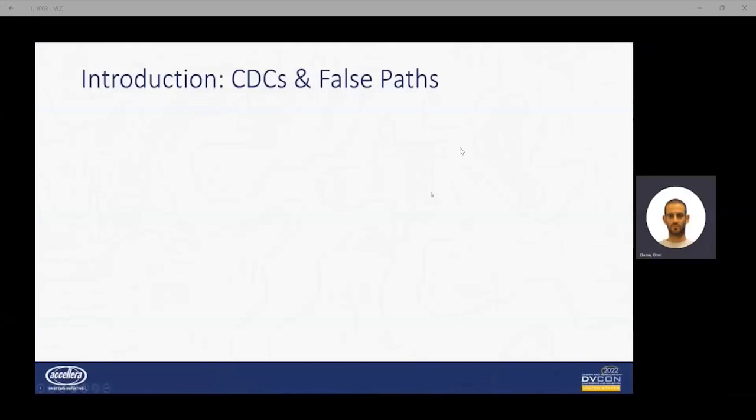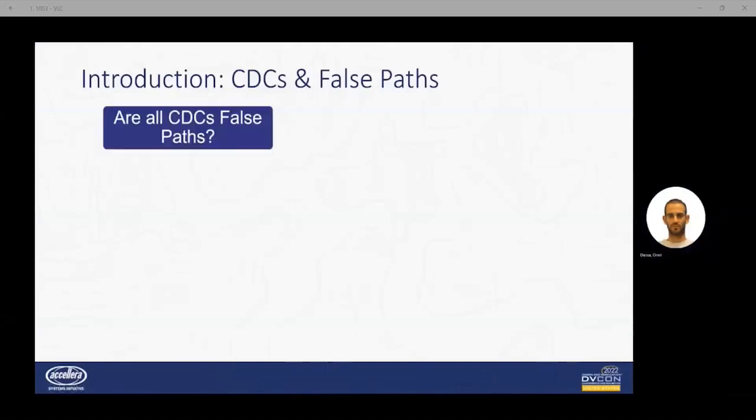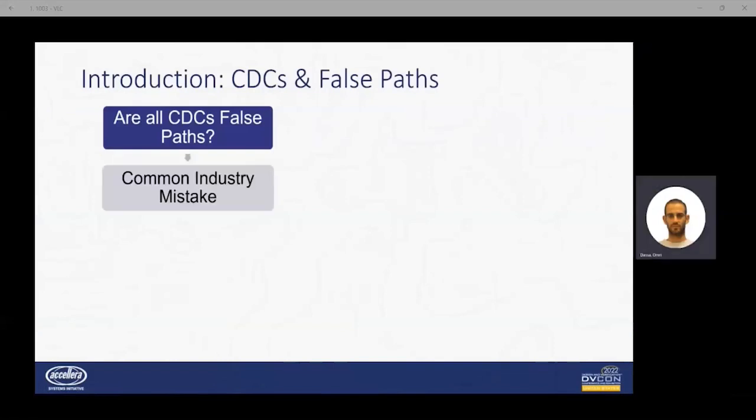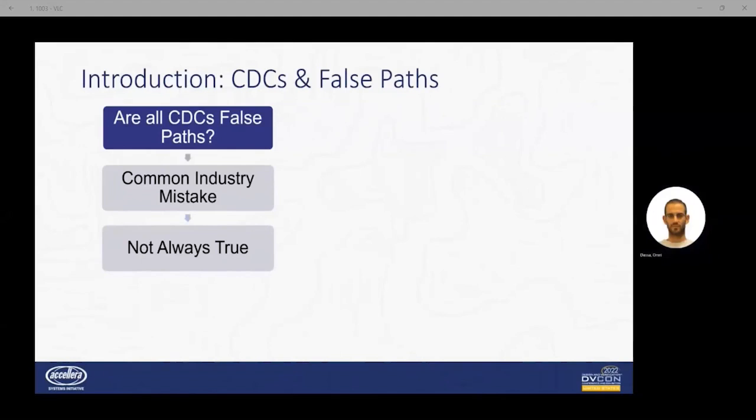First of all, an introduction to CDCs and false paths. We have to ask ourselves, are all CDCs false paths? A common industry mistake is to assume they are, but that's not always true. Those CDC paths can generate some major silicon bugs we need to detect before moving on and generating the silicon.